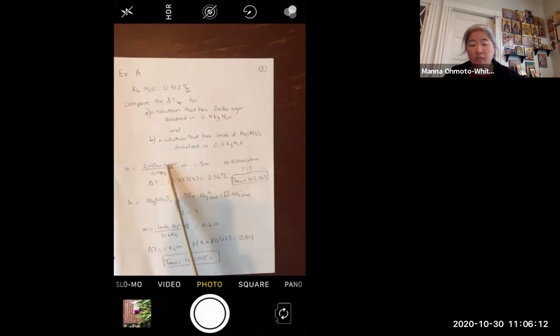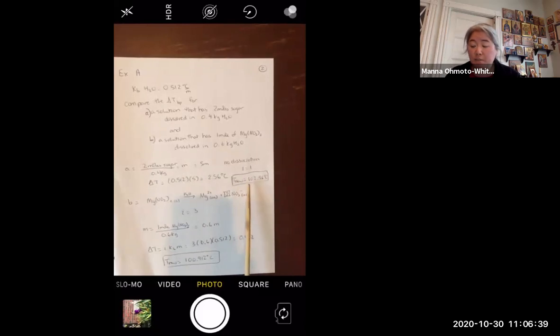So there is no Van't Hoff factor. The molality will be the 2 moles of sugar over the 0.4 kilograms of solvent, which will be a 5 molal solution. No dissociation, so my Van't Hoff factor is equal to 1. So delta T is equal to KbM, or 2.56 degrees Celsius.